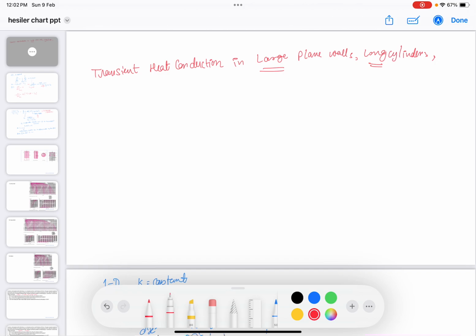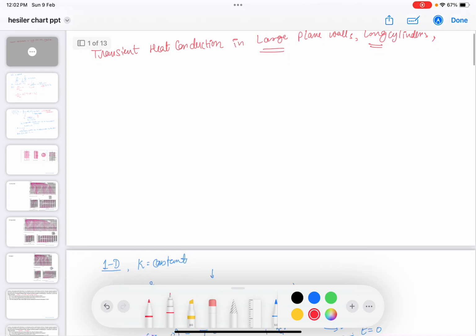And for sphere, with of course spatial effects. Spatial effect means the temperature will be a function of space also in this analysis, and of course time, that we have looked at previously.